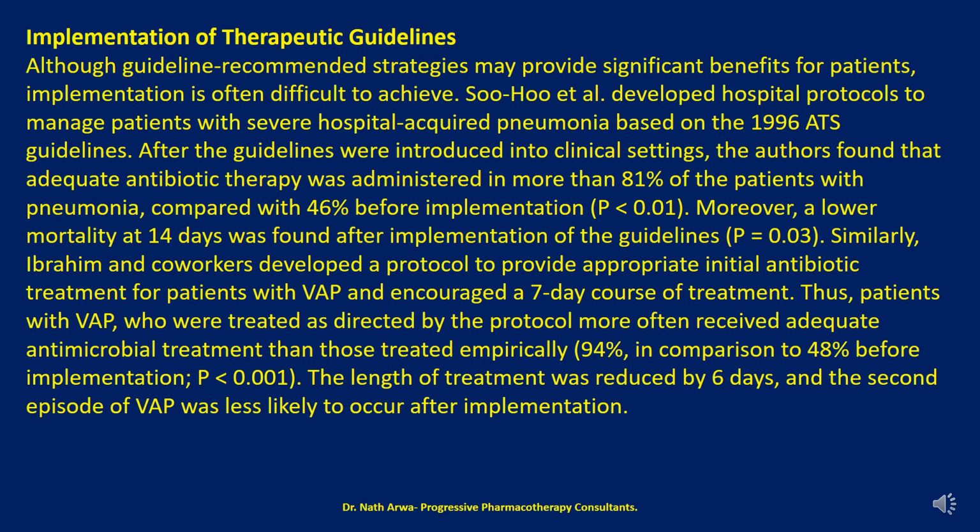Thus, patients with ventilator-associated pneumonia, who were treated as directed by the protocol, more often received adequate antimicrobial treatment than those treated empirically, 94%, in comparison to 48% before implementation, with a p-value less than 0.001. The length of treatment was reduced by 6 days, and the second episode of ventilator-associated pneumonia was less likely to occur after implementation.